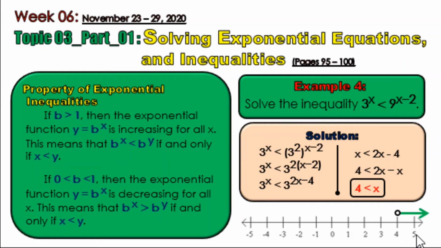So we can have 5 as the value of x, we can have 4.5 as the value of x, but not negative 4 or negative 3, because these numbers are less than positive 4. We can substitute any values of x to the inequality as long as these values of x are greater than 4.